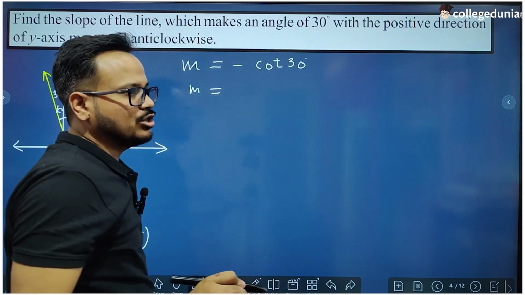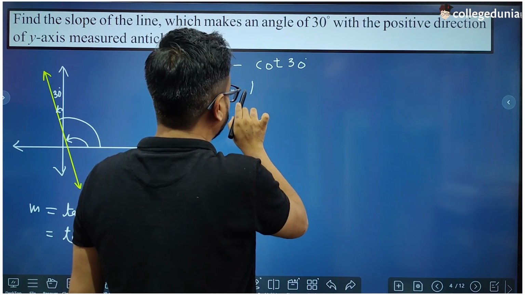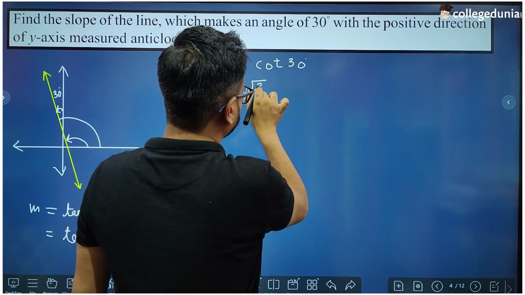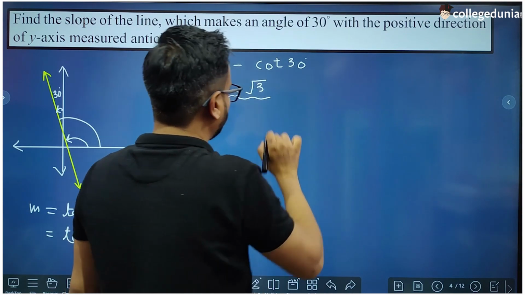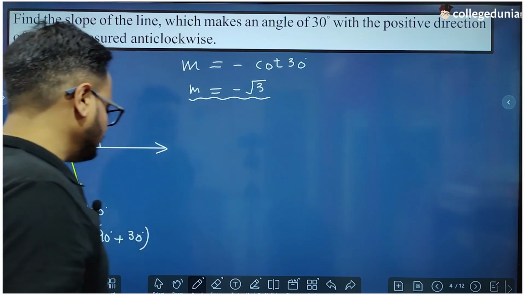Tan 30 is 1 by root 3, so cot 30 is root 3. So the slope of this line is minus root 3, right? Okay. Next.